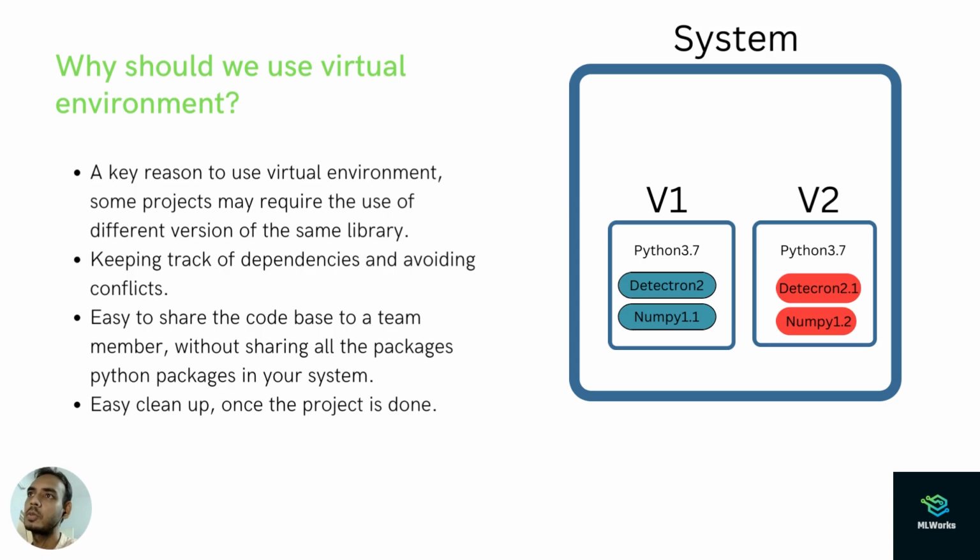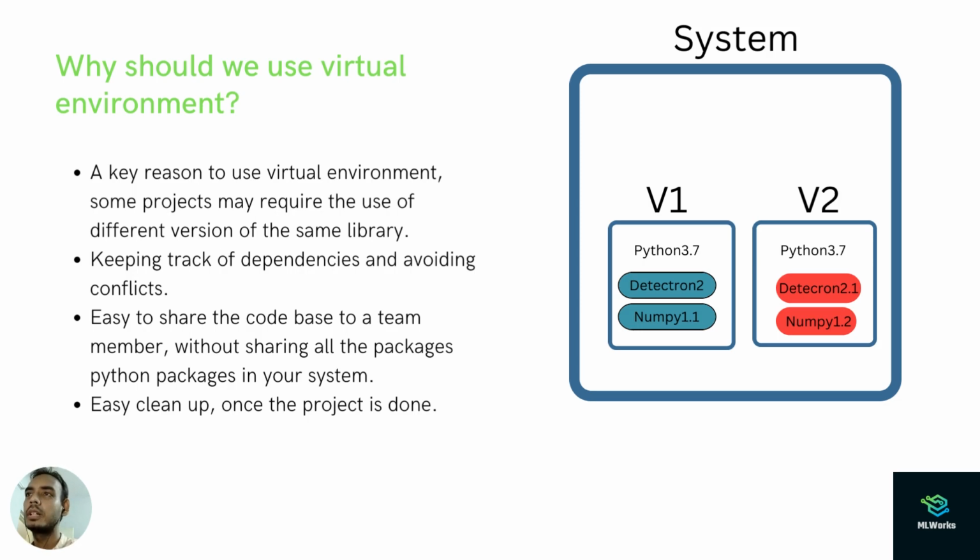Virtual environments allow us to handle multiple versions of different libraries without causing any conflict between them, and they also help in tracking your dependencies. For Detectron2 you have NumPy 1.1 as the dependency, and for Detectron 2.1 there is a dependency of NumPy 1.2, so you can keep track of those things.